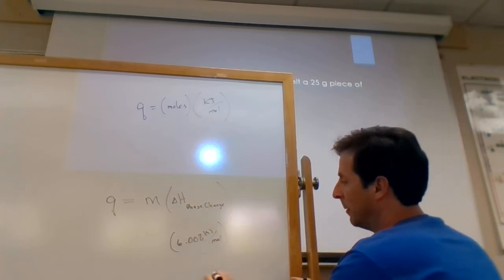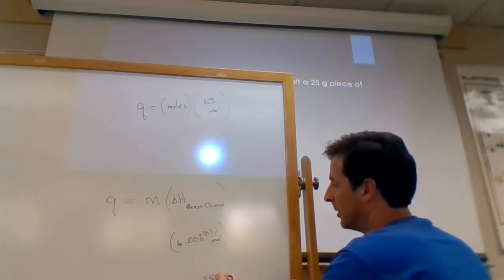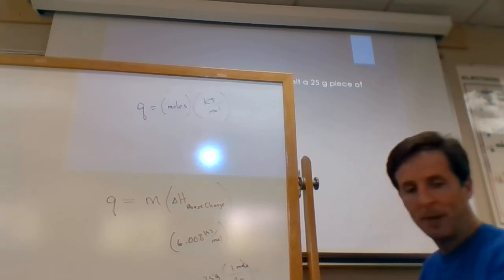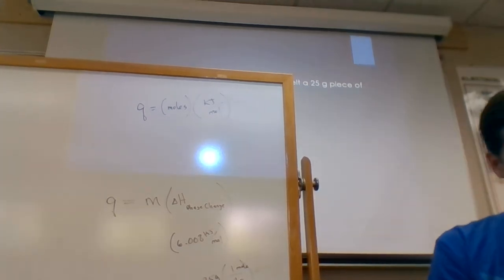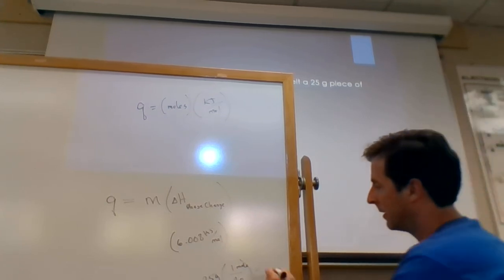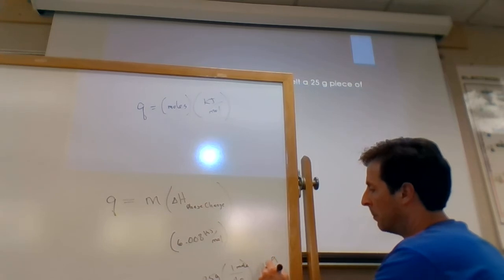So separately, I've got 25 grams times 1 mole over 18 grams. I've got to get that many moles. Let me calculate that real quick. So 25 divided by 18 is 1.39 moles. So that's how much water I have.